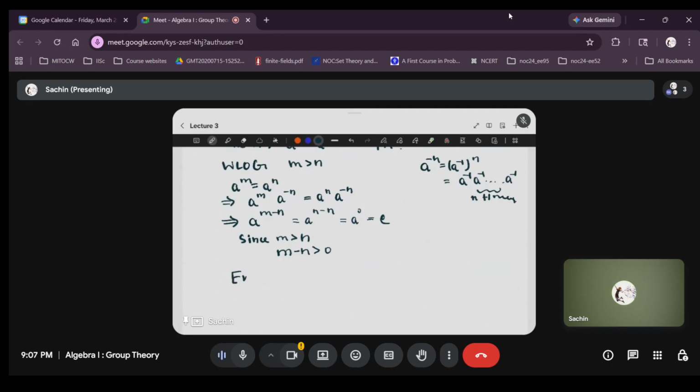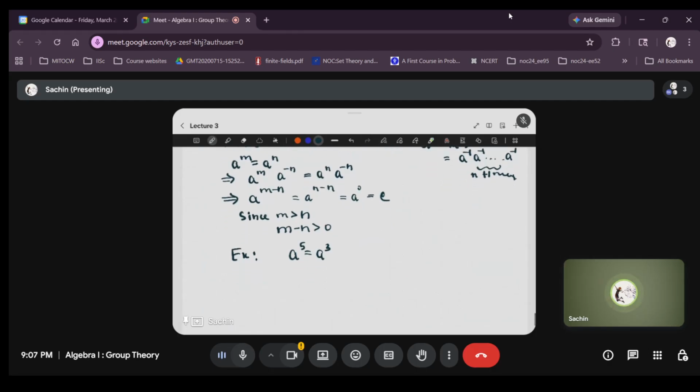Here, for example, you can say if a power 5 is equal to a cube, and multiply both sides by a inverse, that will mean a power 4 is a square. And again multiply by a inverse, that will mean a cube is equal to a. Then again multiply by a inverse, that will mean a square is equal to e.